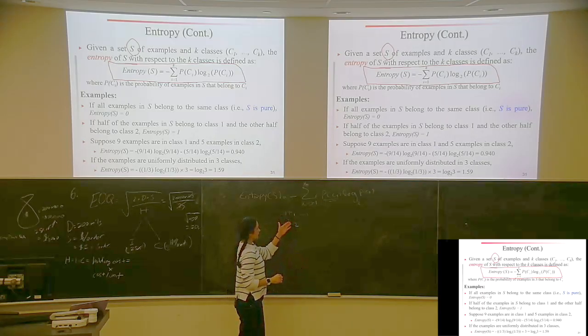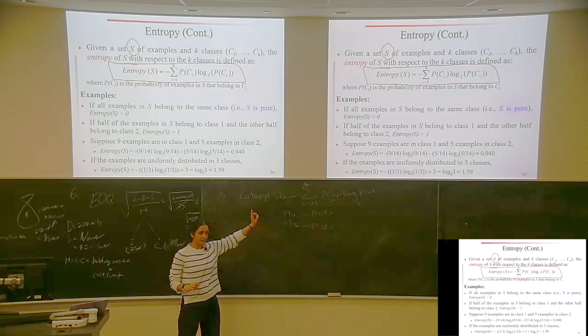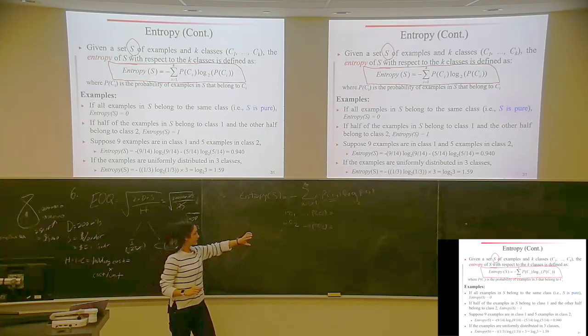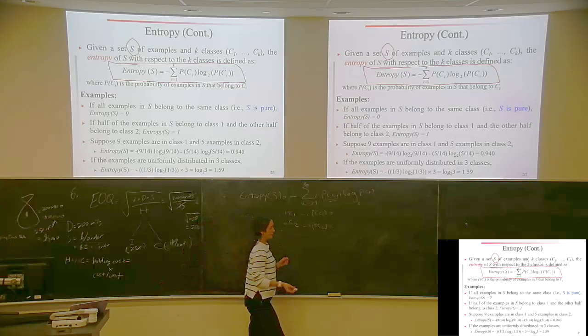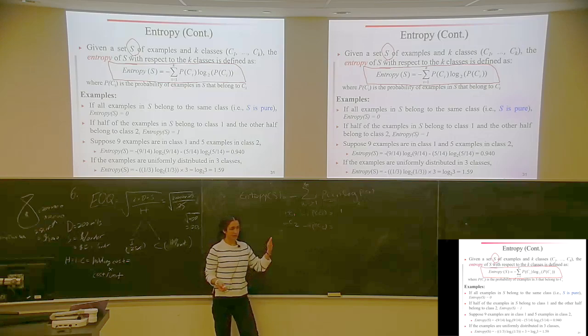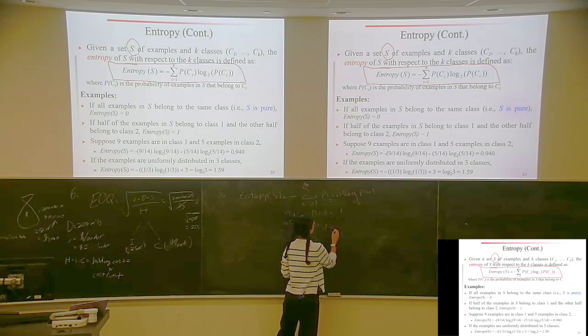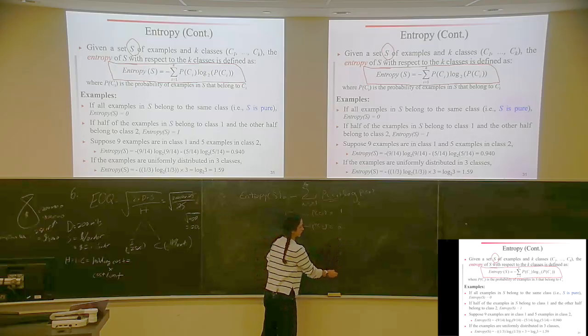So here we only have 2 classes. So we want to see what is the probability of class 1 and what is the probability of class 2. So if all instances or all examples belong to class 1, what is the probability? 1. What is the probability of other classes? 0. Because like 100% they all go into this class. So even if you had more classes, these were all 0, right?